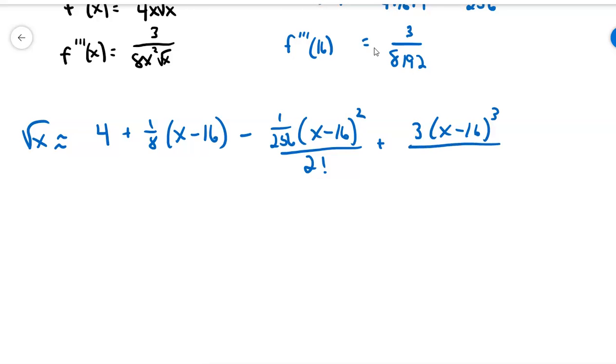And then on the bottom, we'll go both the 8192 and the 3 factorial.